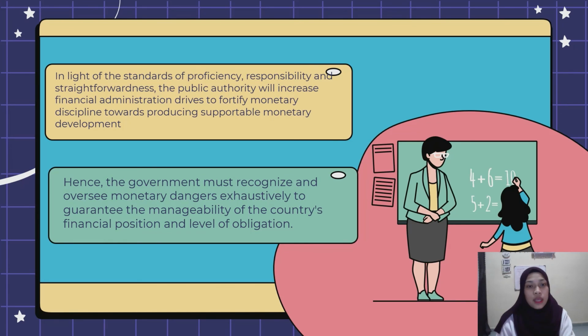In light of the standard of proficiency, responsibility and transparency, the public authority will increase financial administration to fortify fiscal discipline toward producing sustainable economic development. Hence, the government must recognize and oversee fiscal risk thoroughly to guarantee the sustained stability of the country's fiscal position and level of debt.